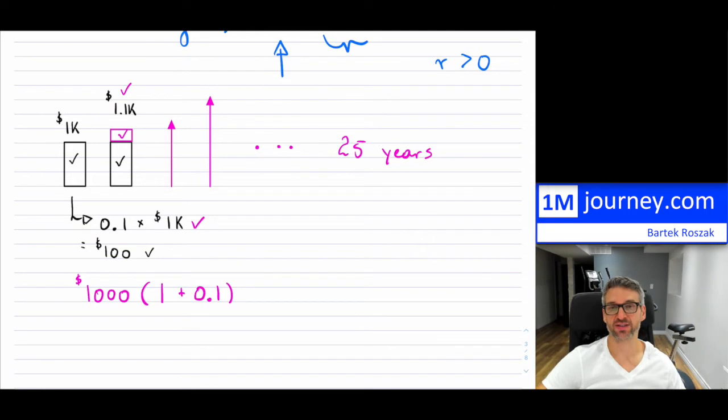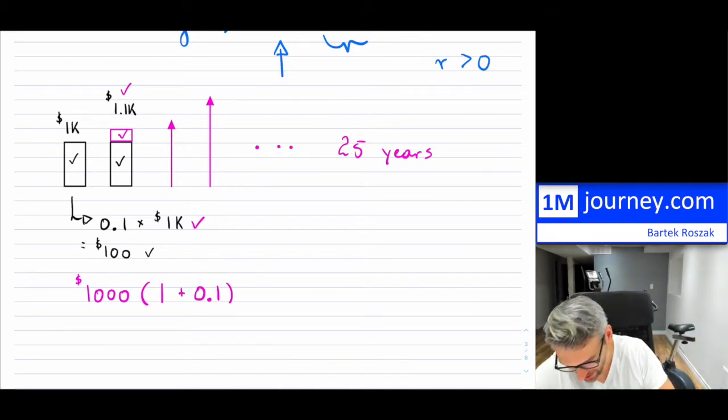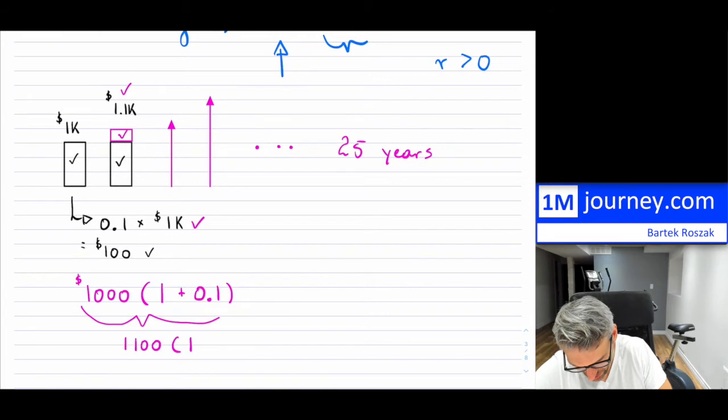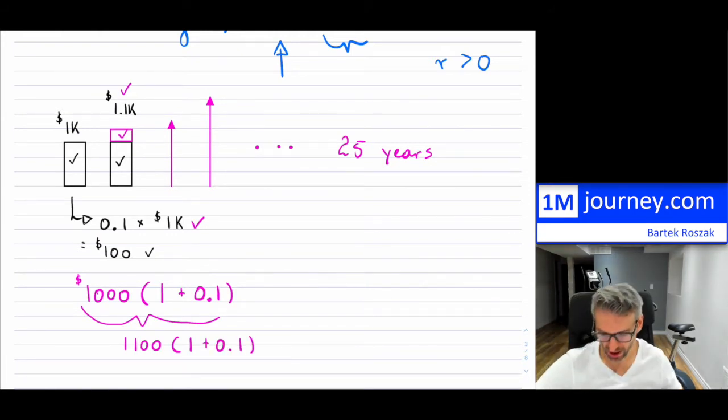And notice that that is equal to 1,100. That was after just 1 year. Now, after the following year, you take this amount, 1,100, and again you're going to add 10% to it, so you're going to be multiplying it by 1.1.